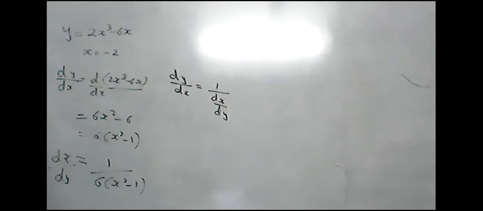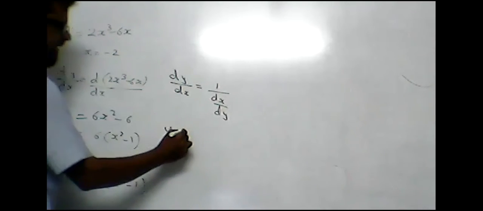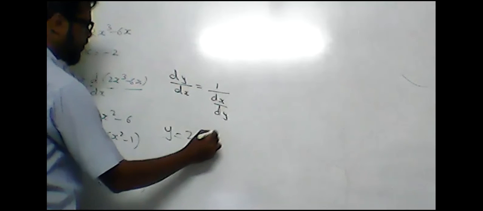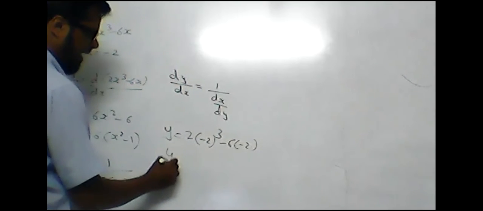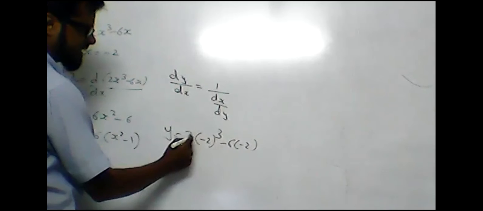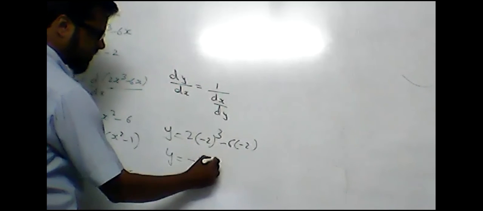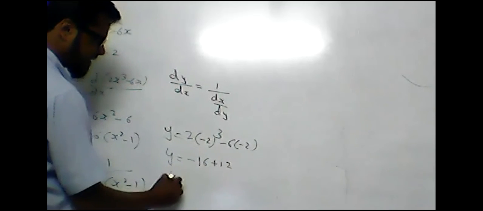Now you know it. x is minus 2 and y is equal to 2x cube minus 6x, so x is minus 2, so this will become 2 into minus 2 cube minus 6 into minus 2. So y will be minus 8 into 2 is minus 16 plus 12. So y is minus 4, right?